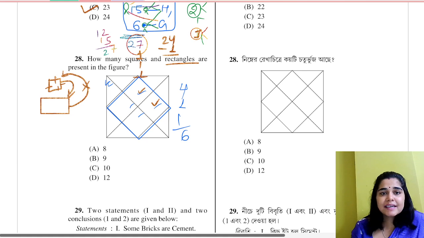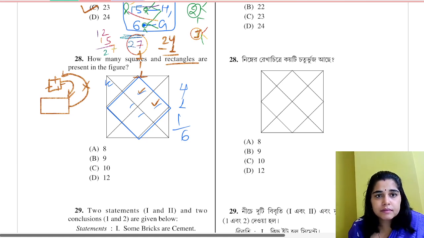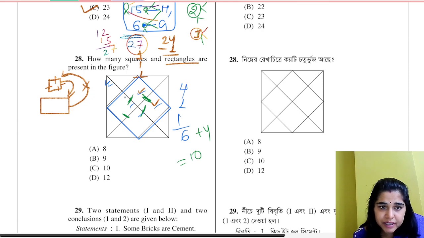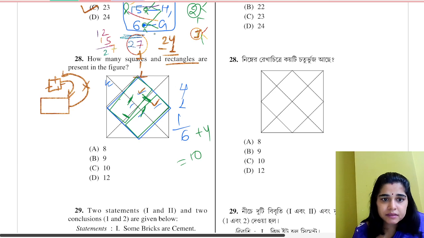And now we will see the rectangles. So this one also makes a rectangle. 1, 2, 3, 4. So 4 rectangles. So the answer is 10. Why this one I'm saying? Look, this is one rectangle, 2 rectangles, and this one also a rectangle. No, sorry.